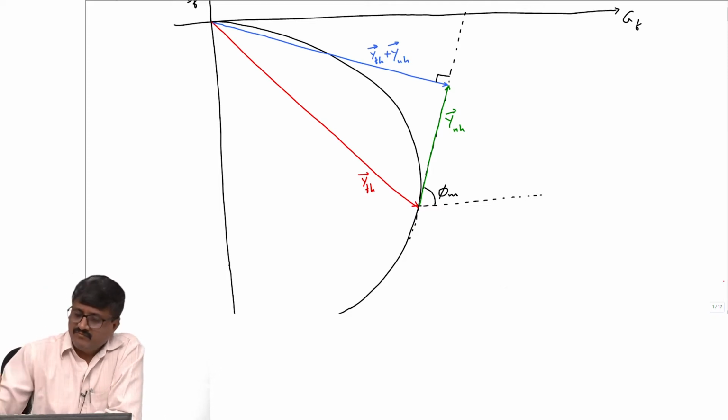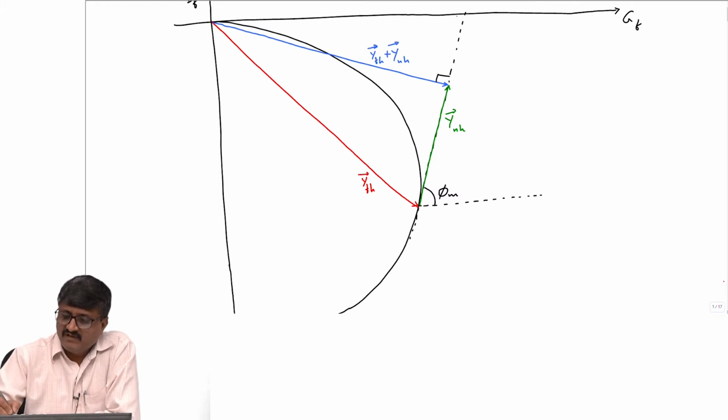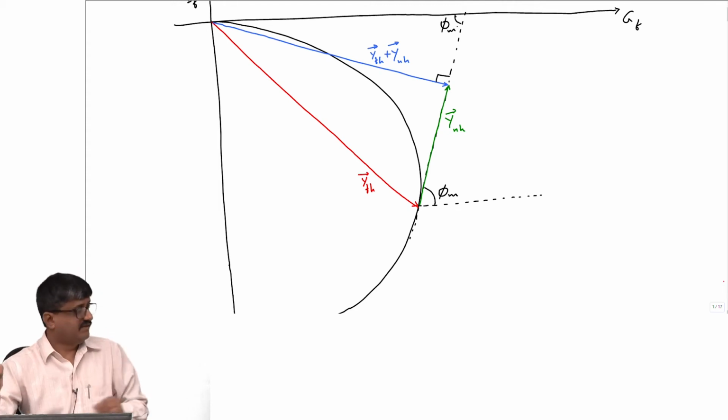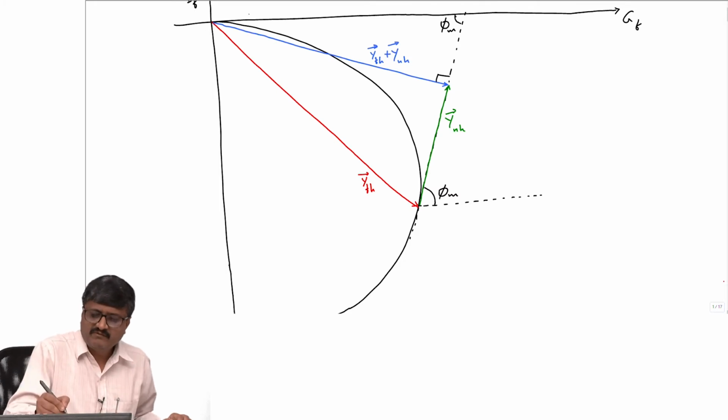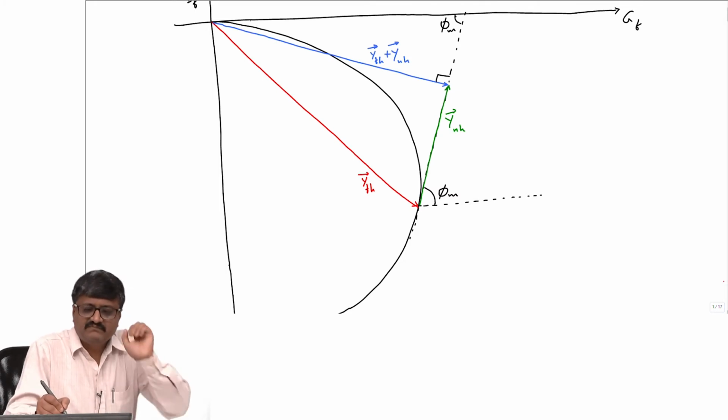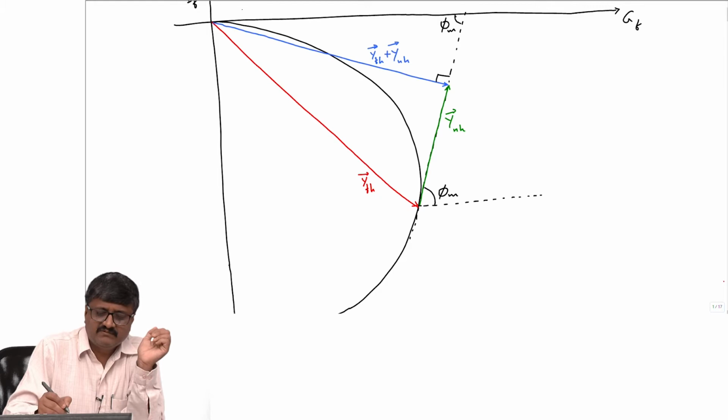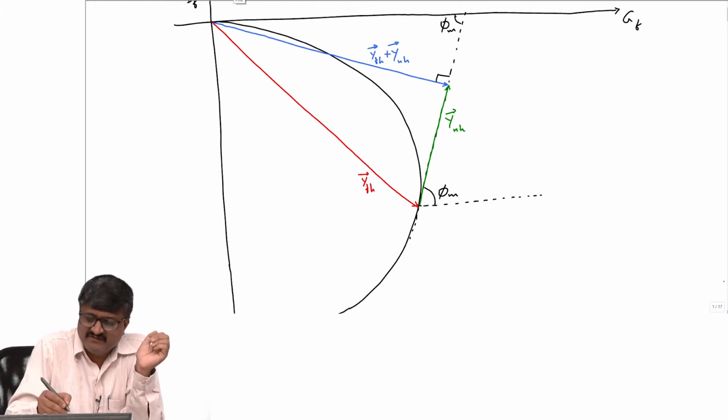Now, if I take this angle, what is this angle? It is phi m. Okay, so that should be clear. Now, I need to use different colors, otherwise it will cause confusion. Suppose I take this angle.